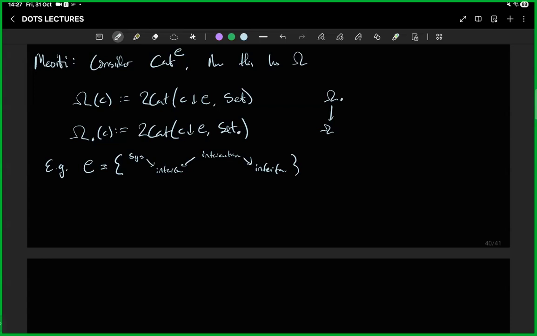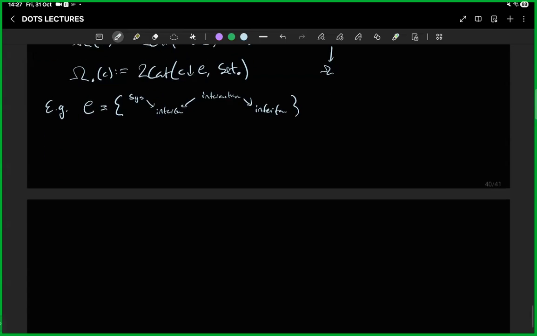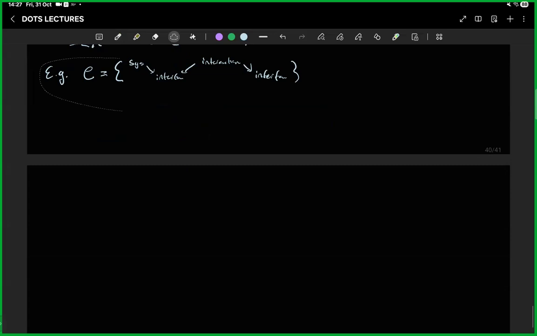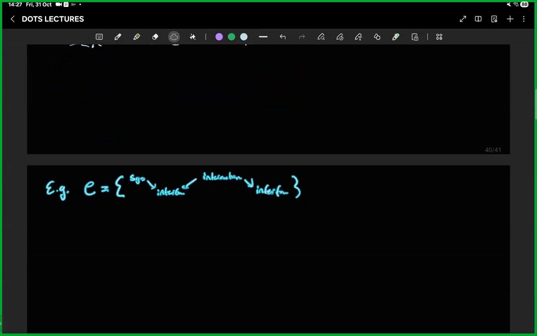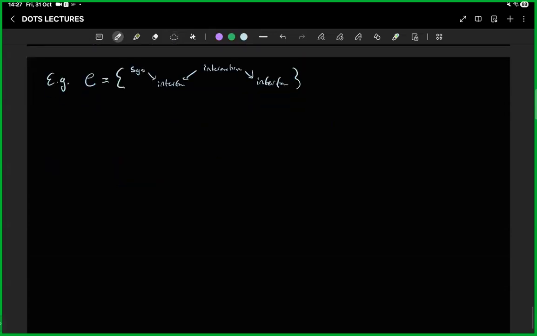Okay, anyway. Right, so e.g., let's compute omega of cat to the C, because it's going to come up later. Let's start with interface.